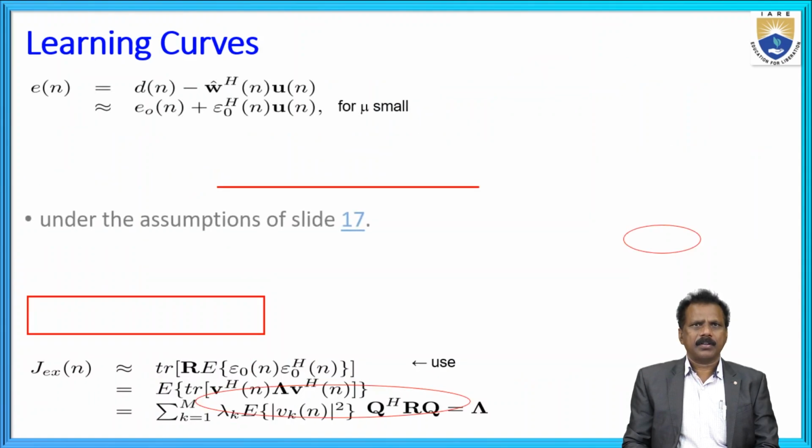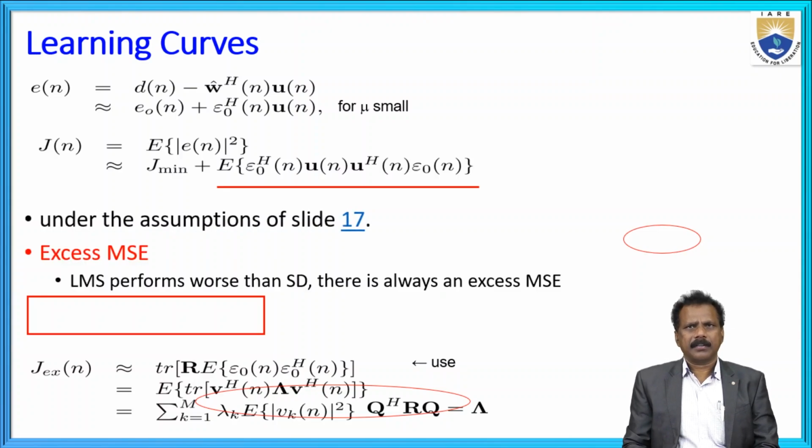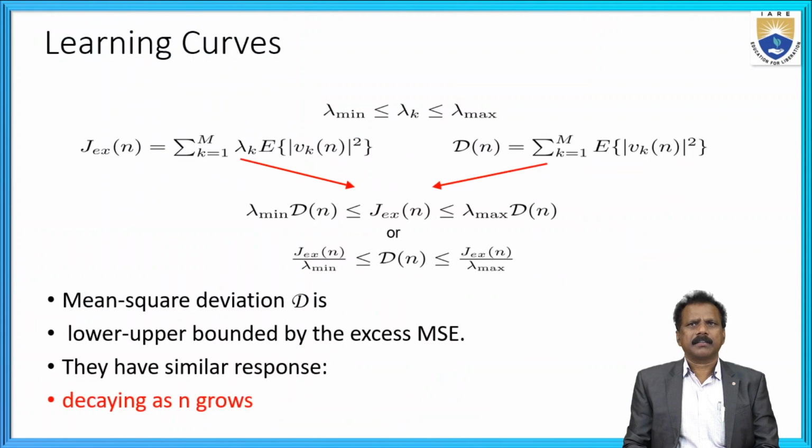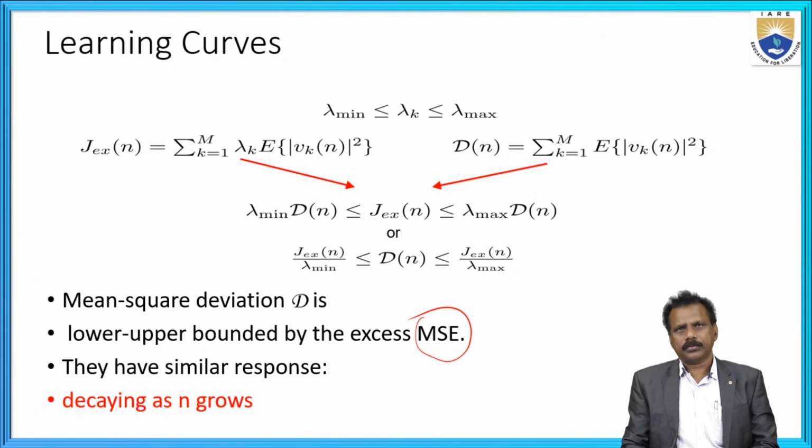The e of n value under the assumption of the previous one, you can directly write it to decide the factor. Like this, the mean square deviation d is lower and upper bounded by the excess MSE. They have a similar response, decaying as n grows.